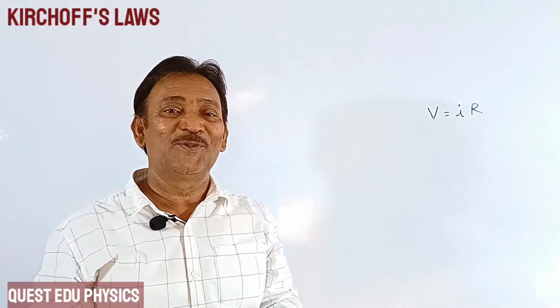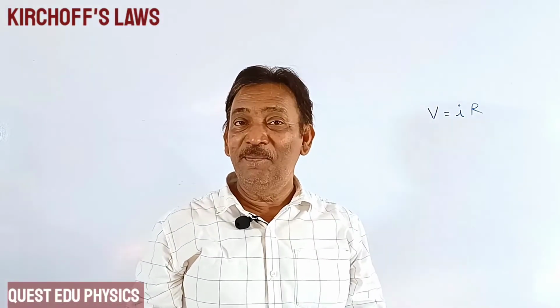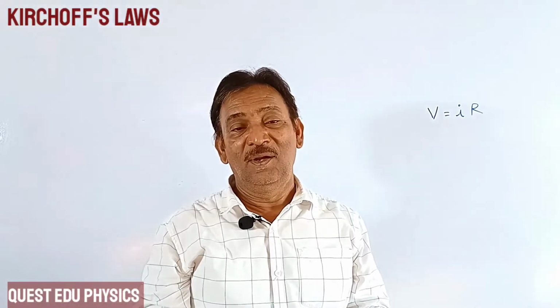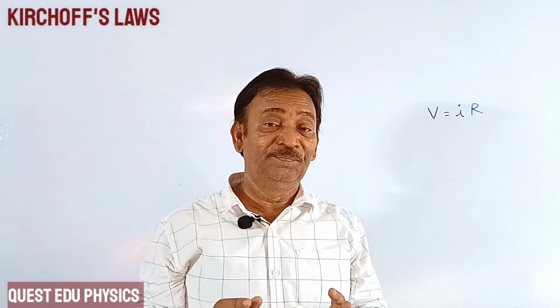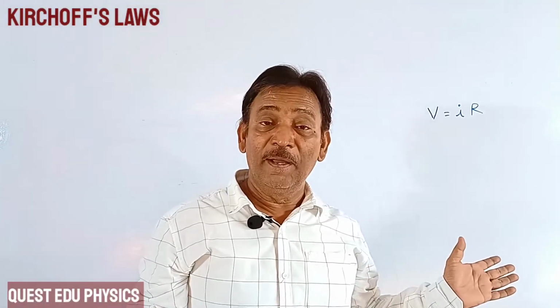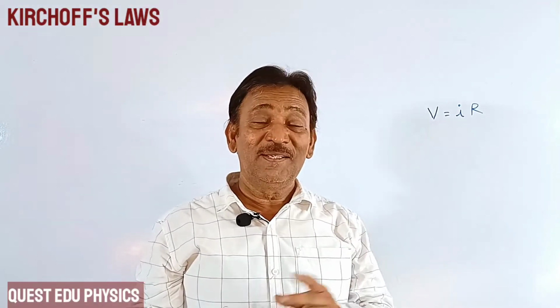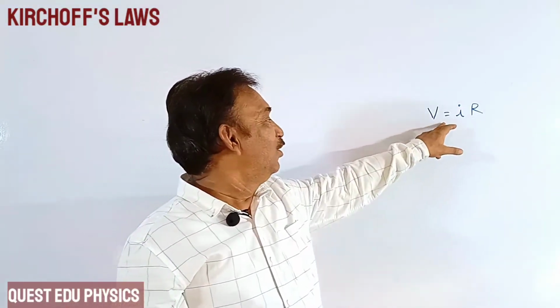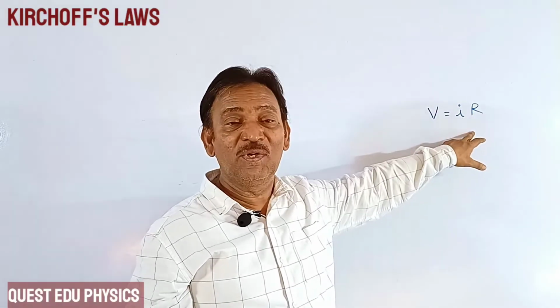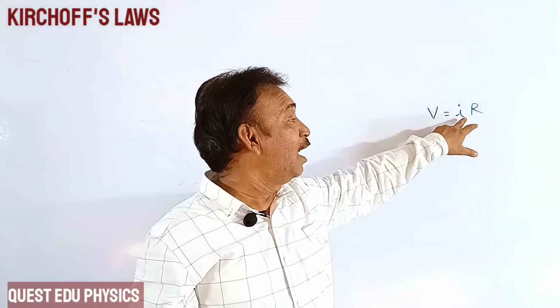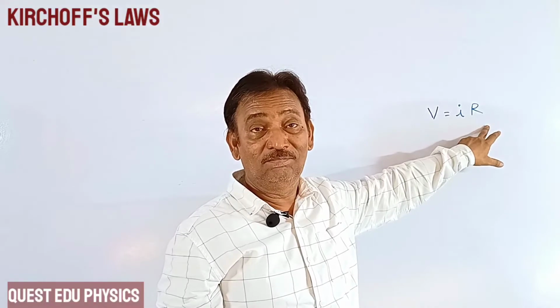This is the potential, students. Potential is generally measured in volt. Volt is the unit of potential, current is measured in ampere, and resistance is measured in ohm. This relation is named after three scientists, students: Volta, Ampere, and Ohm.